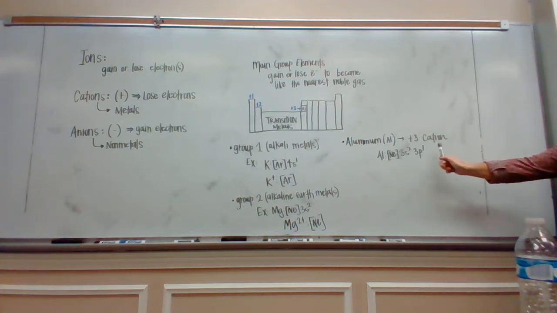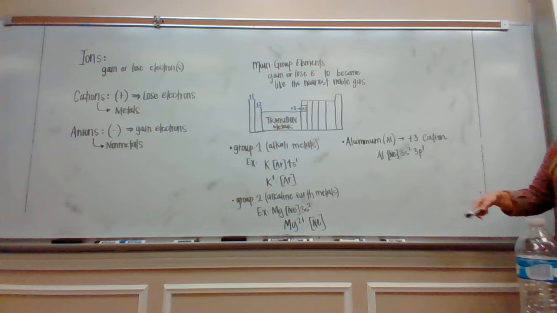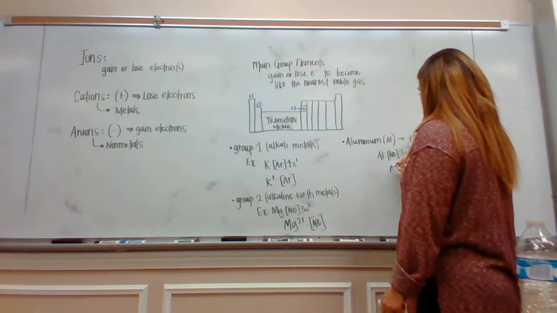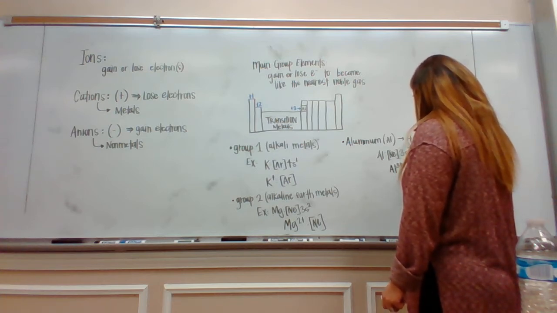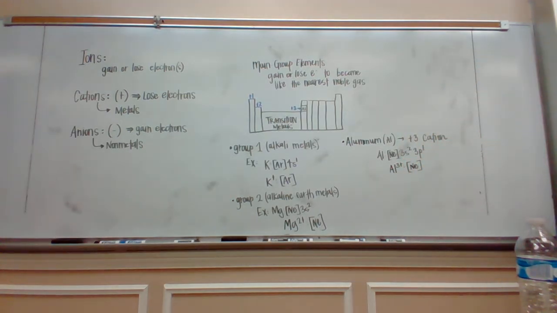In order for aluminum to become like the nearest noble gas, it needs to lose these 3 valence electrons in the third energy level. So when it does that, it looks like this, and it's just neon. So all of your cations will become like the preceding noble gas, so the noble gas right before them.